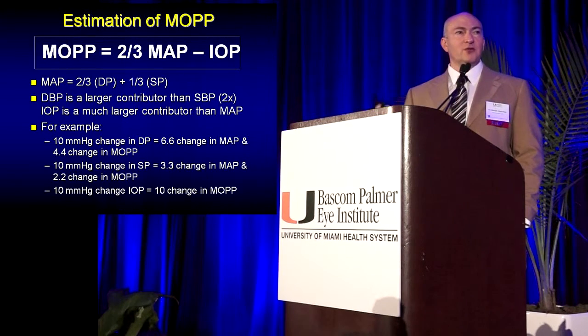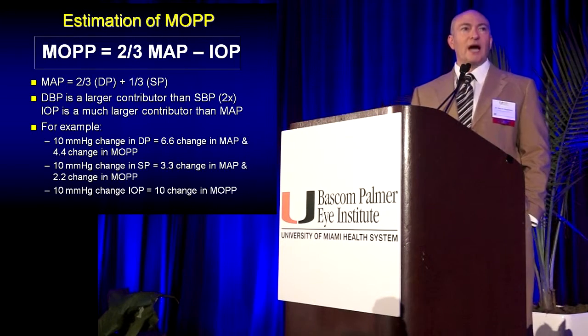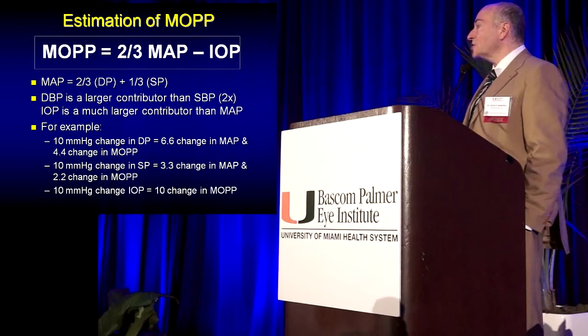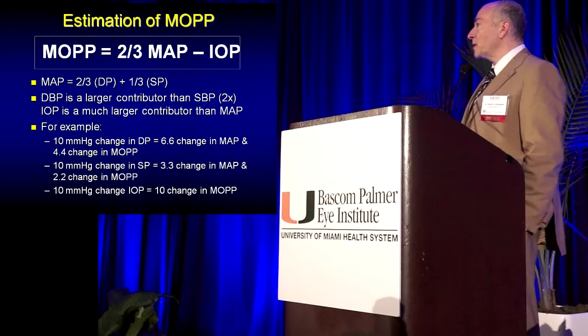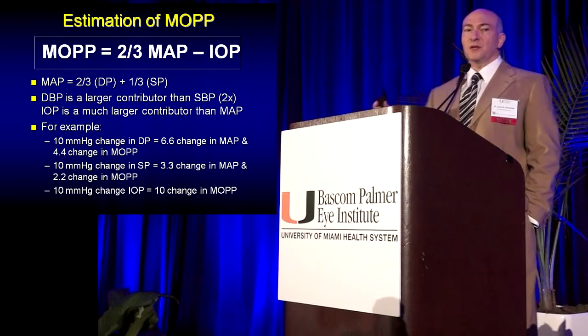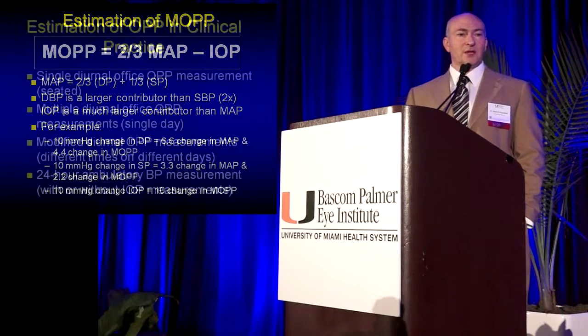There is a much greater degree of evidence surrounding the importance of DPP, or diastolic perfusion pressure, and it's rather simple. Again, just the difference between the diastolic blood pressure and intraocular pressure, and remember, 50 millimeters of mercury or less is the meaningful parameter to use in clinical practice.